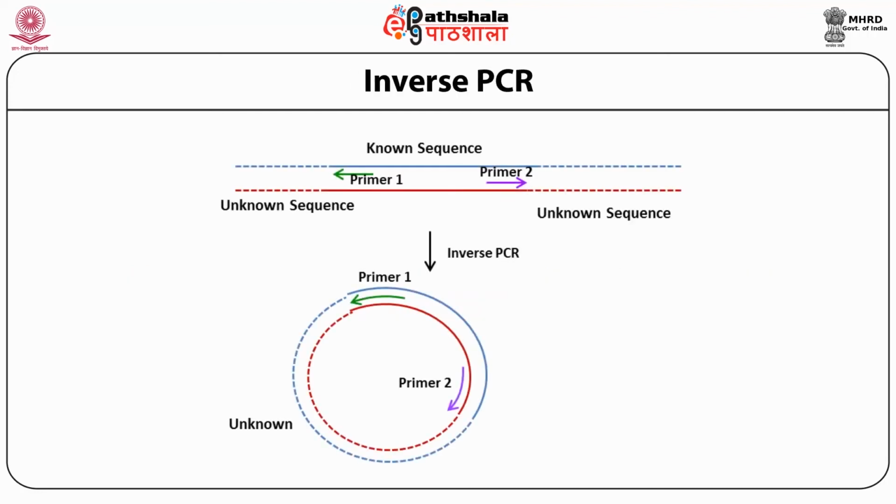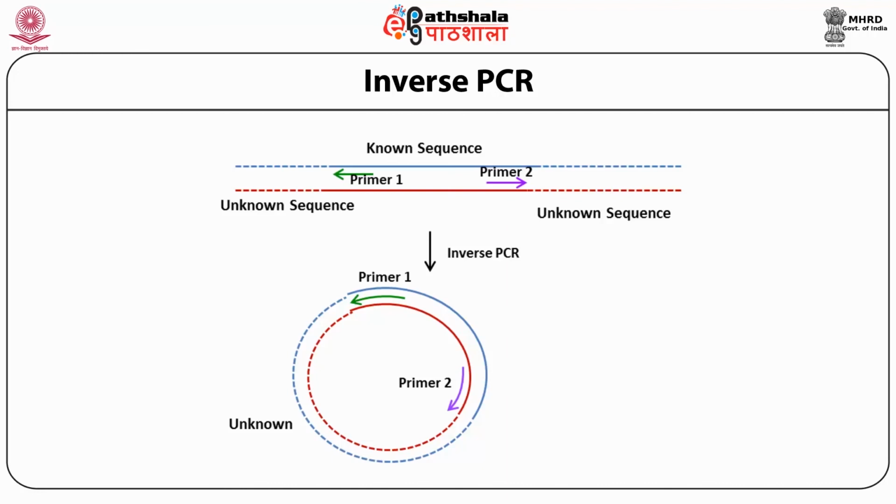The limitation in PCR that it requires primers complementary to both termini of the target DNA is taken care of in inverse PCR, because in inverse PCR, even if the sequence of the target DNA from one particular region is available, then amplification can be carried out.